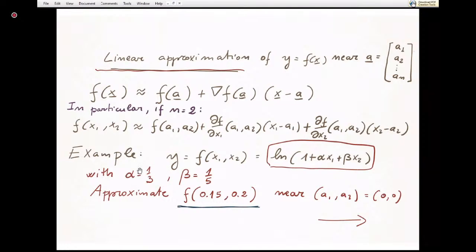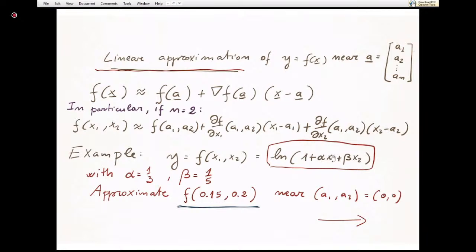And I assume alpha equal to 1/3, beta equal to 1/5, but you can also do that in general. Usually, with this type of functions, alpha and beta are positive parameters, and x1 and x2 are variables that can take positive values, or non-negative values at least. So 1 plus the sum of variables, if the variables and the coefficients are positive, is larger than 1, so the log is larger than 0.